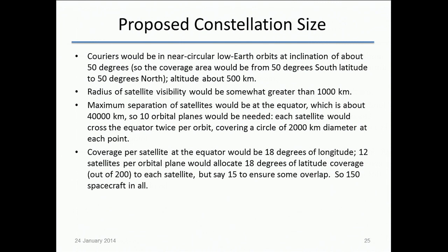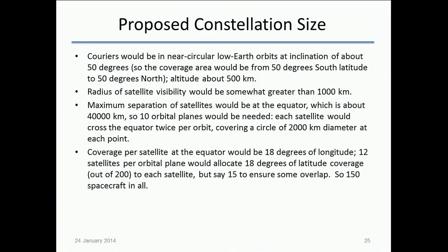So the maximum separation of the satellites would be at the equator, which is about 40,000 kilometers. So if we had 10 orbital planes, each of the planes crosses the equator twice, and so each plane covers 4,000 kilometers of diameter of the equator. And so if you have 10 of those, then you've covered the entire equator.